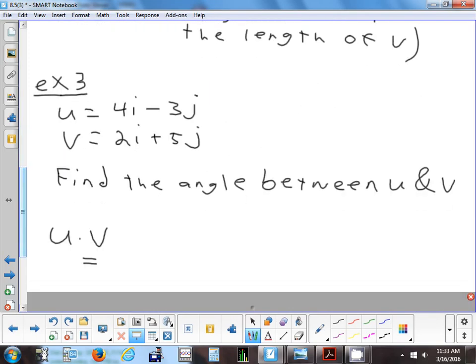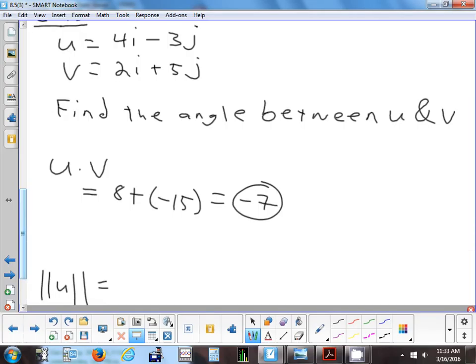Let's start with the dot product. The first part is 4 times 2, 8. Plus negative 15. Negative 7. So my dot product is negative 7. Okay, magnitude of u.